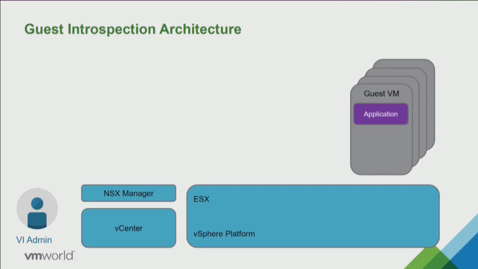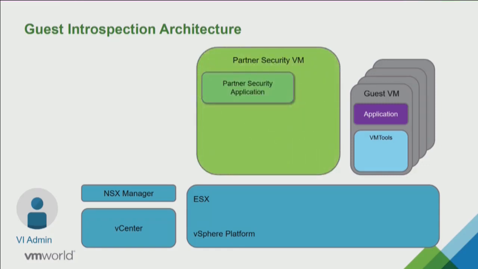On top of that, we have our guest VMs with their applications, and we also have VM Tools installed on there. When we're running guest introspection, or for that matter network introspection, we also have a partner security VM. I realized after I did this, wow, that's using up 90% of the resources on my hypervisor. But no, actually, it's the same size as the others. I needed to make it big for the rest of the build.